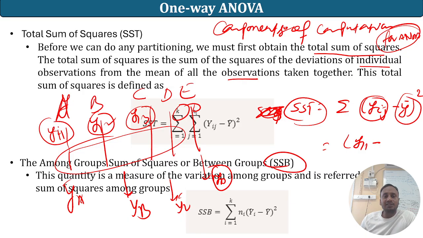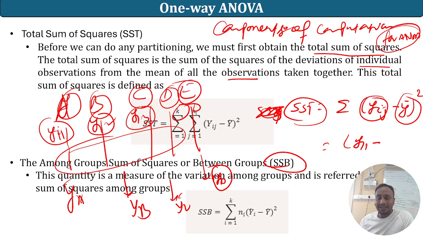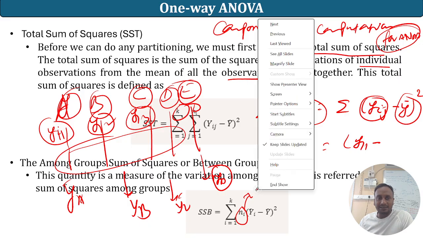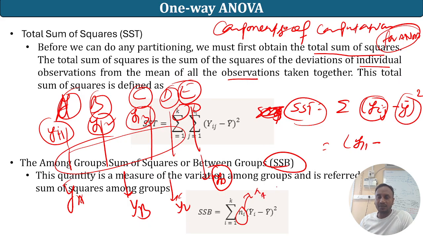SSB is the sum of squares between the groups, let's say from A to B to C to D to E. Here n is the number of observations in that particular group, so n_a times (y bar of the group minus y bar). In that group we have y11, y21, y31, y41. This is the way of calculating the SSB.